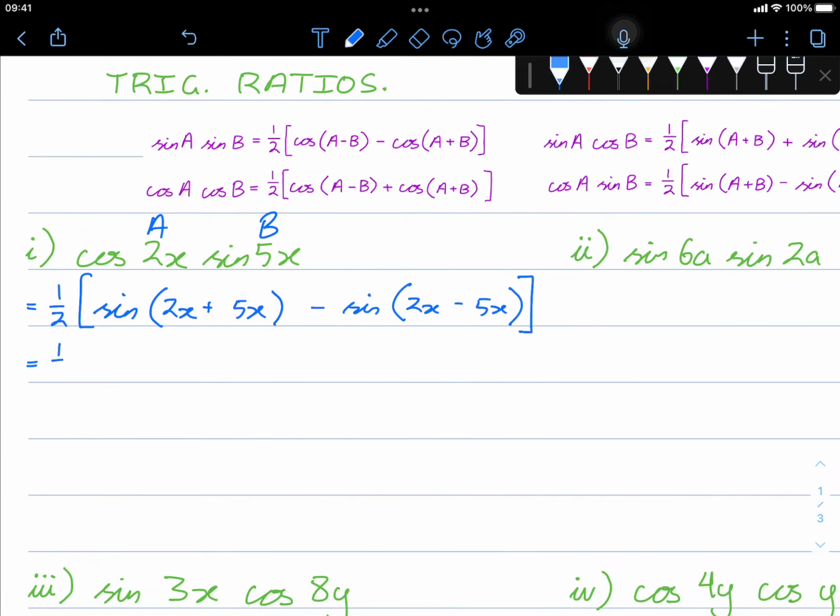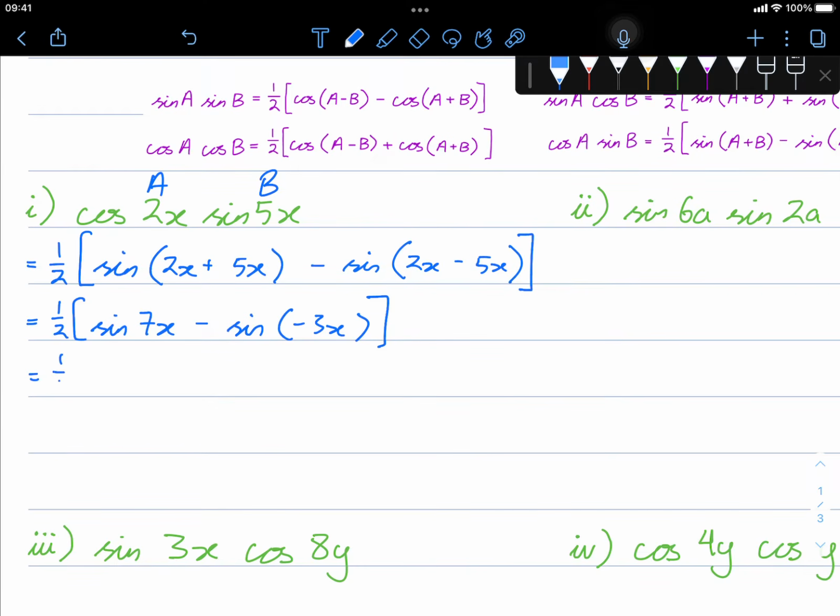We get half outside of sine 7x minus sine, that's going to be 2 minus 5, that's going to be minus sine of negative 3x, which, using some further trig identities, is going to be sine 7x plus sine of positive 3x.